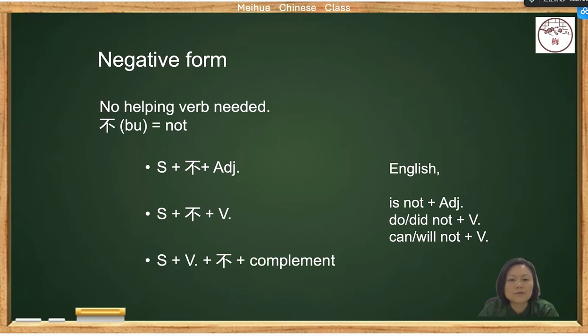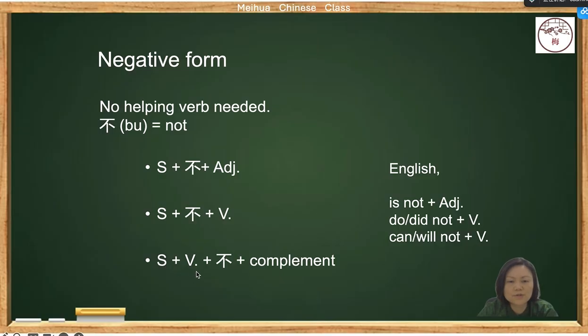Also, there is the third formula that if we want to express a negative situation for the complement of an action, instead of the verb itself, we should add the Chinese character 不 after the verb and before the complement, which is showing as the third formula here.